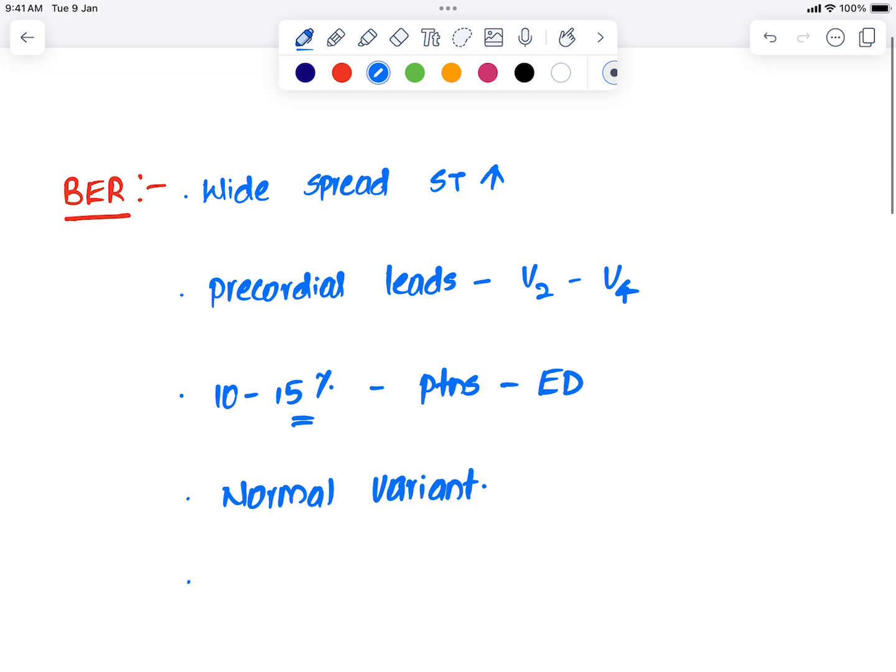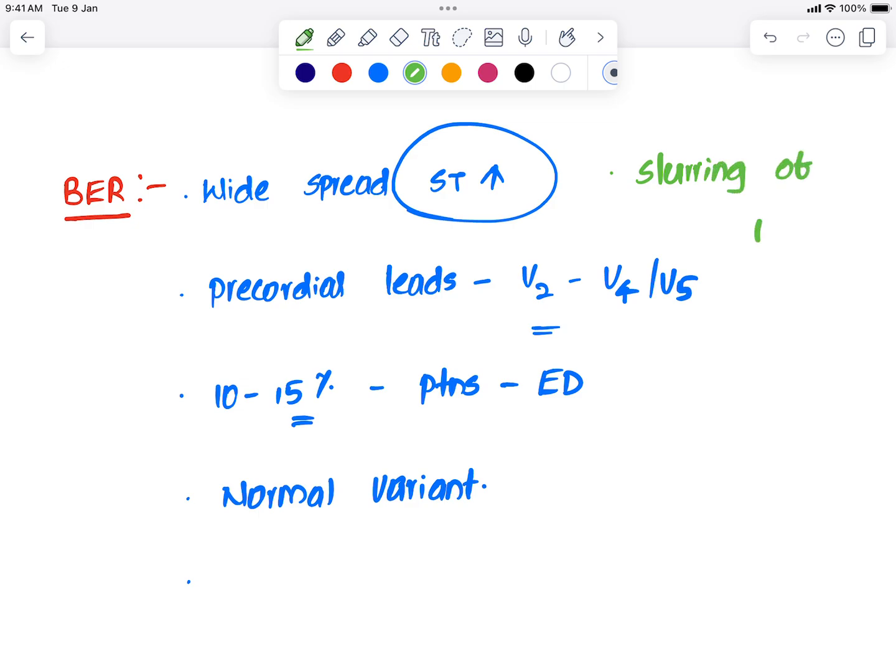So how do you recognize benign early repolarization? You have ST segment elevation in V2 to V4, or even up to V2 to V5. Within this ST segment elevation, you will notice upward slurring of the J point. And the T wave that you will observe here is an asymmetrical T wave, not a symmetrical T wave.